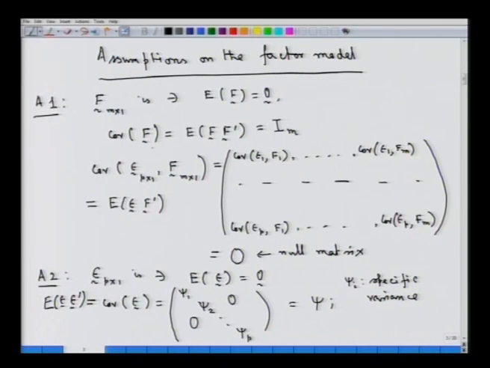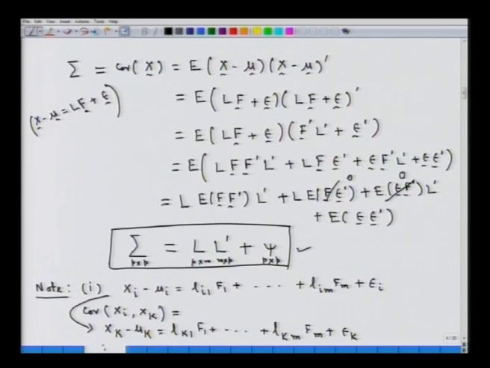The covariance matrix of F is diagonal in nature, with the variances of the common factors equal to 1. Using that observation, this is just going to be the product between these two quantities, and then taking the expectation, only each term multiplied by the corresponding F term is going to have a non-zero contribution. All other contributions are exactly equal to 0.